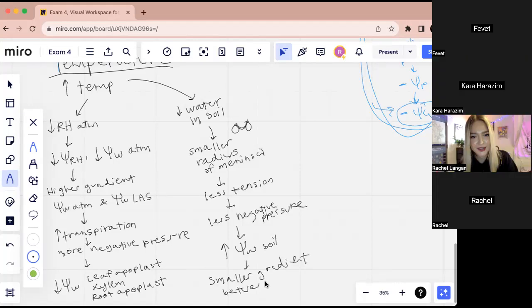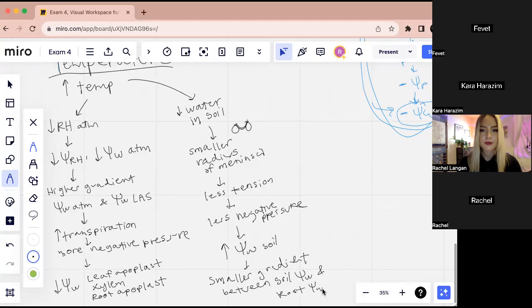Between soil water potential and root water potential. All right. Yes, question.